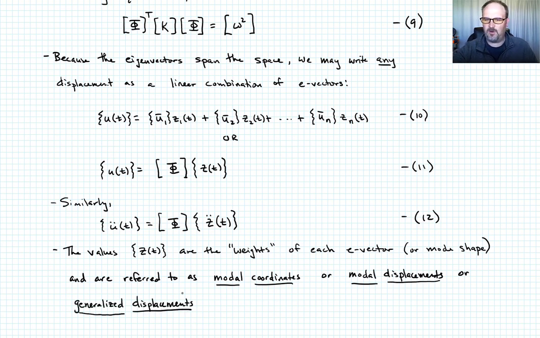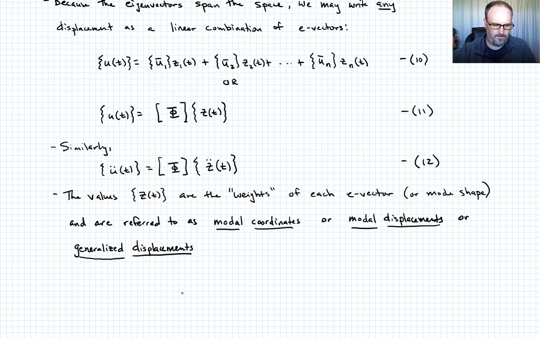Okay, so that's what the z value is. But in equation 11, what is that matrix phi doing? Well, in equation 11, that matrix phi is acting as a transformation from the modal coordinates to displacement coordinates, right?